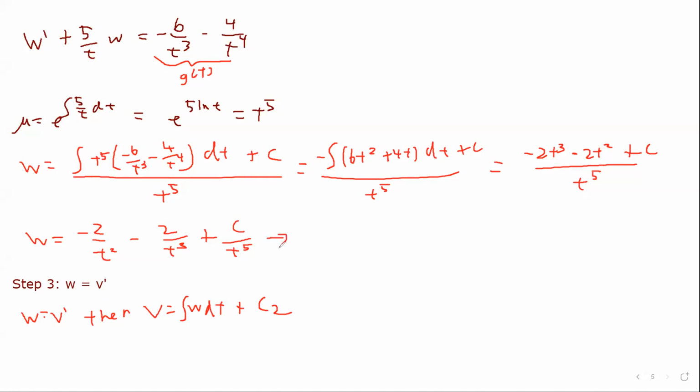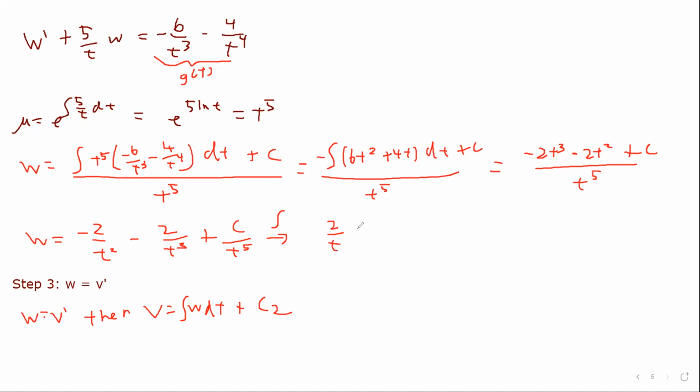Now the integral of W, I'll put a little integral sign to show that we're doing it, is, I have to do this bit by bit. I'm doing it all in my head, just to speed up. So this is 2 over t, and then negative 2, t to the negative 3.